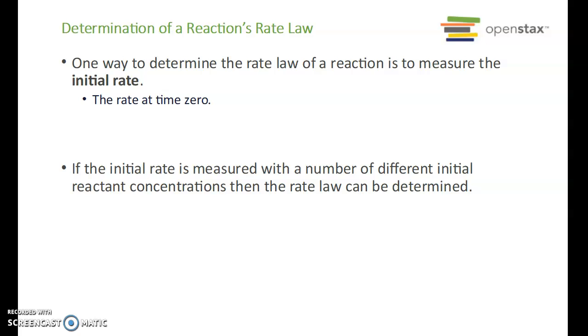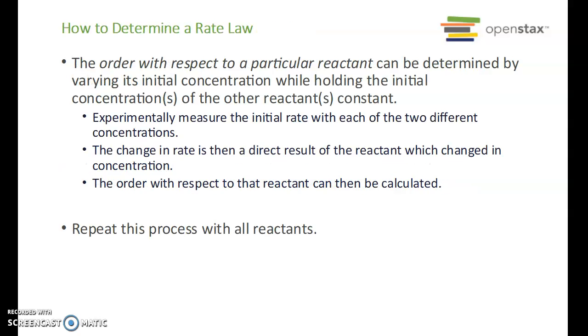One way to determine the rate law of a reaction is to measure the initial rate, that is, the rate at time 0. If the initial rate is measured with a number of different initial reactant concentrations, then the rate law can be determined. This involves quite a bit of work. The order with respect to a particular reactant can be determined by varying its initial concentration while holding the initial concentration of the other reactants constant.